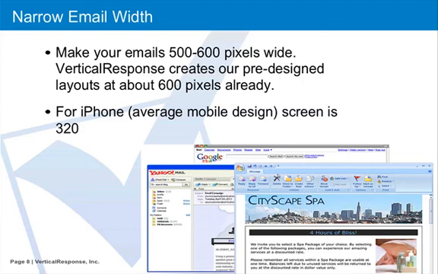So no matter who is reading your email or how they're reading your email, the widest you really want it to be is about 600 pixels, or maybe like 640. You'll notice 640 is twice 320, which is what the iPhone average screen width is. So that goes down very easily for them to be able to see it.